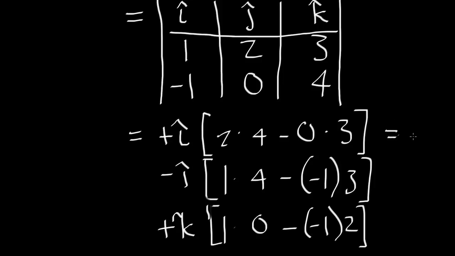Okay, so what does that give us? It gives us 2 times 4, 8 minus 0, so 8i minus 1 times 4 minus -1 times 3, so that's 4 plus 3, 7j. And now we do this, 1 times 0 is 0, minus -1 times 2, so plus 2k.